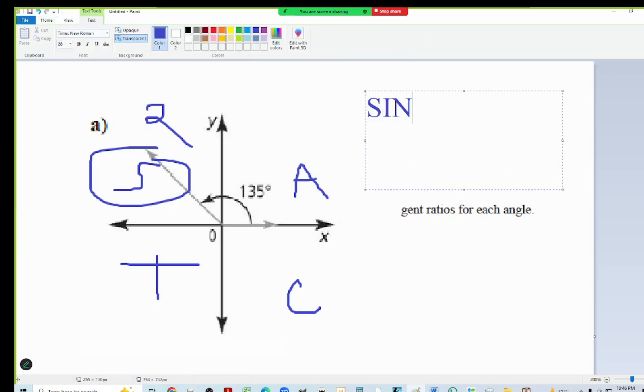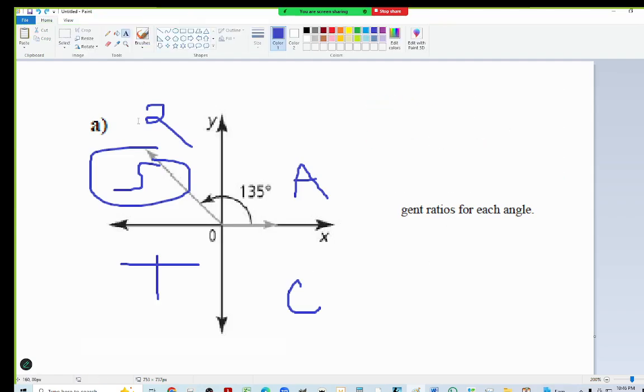Sine is the only one that's positive. Cosine and tangent are always going to be negative. So CAST tells us who is positive. Everybody else is negative. Remember that.